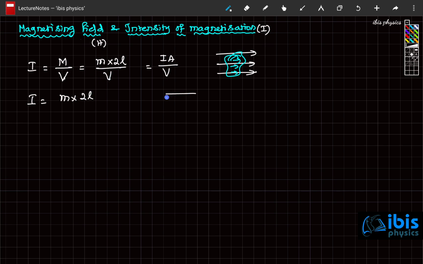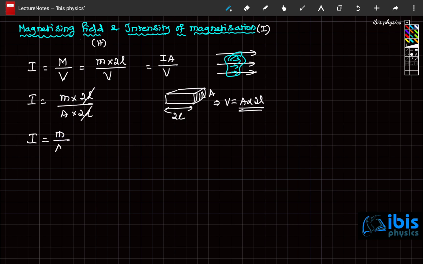Suppose imagine a bar magnet, of length approximately 2L and area of cross section A. The volume of the bar magnet equals area into 2L. When I cancel these two, intensity of magnetization is pole strength by area.